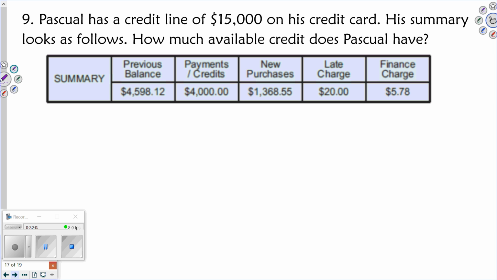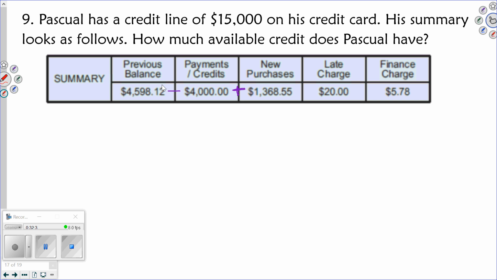So if his previous balance was $4,598.12, payments and credits, what are you going to do with that number compared to what he did owe? We're going to subtract that because he's paid that much off. So we're going to subtract his payments and credits. What am I going to do with the new purchases? That gets added back on.